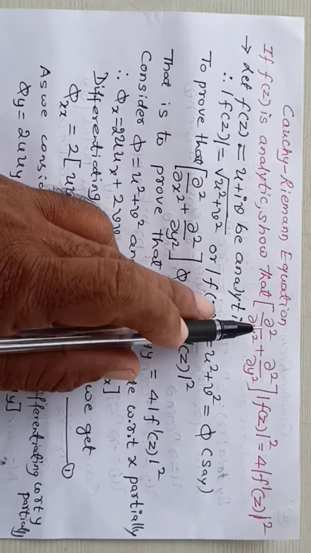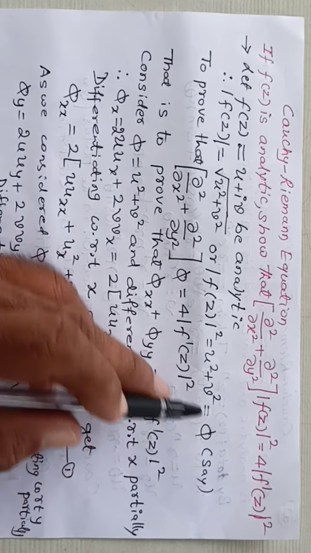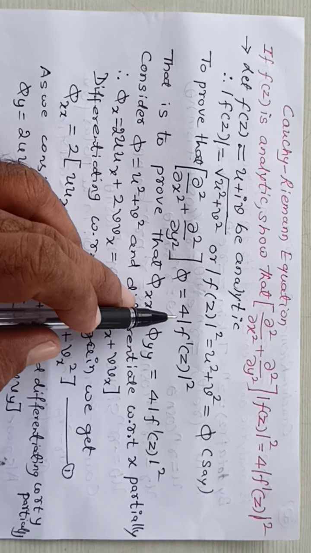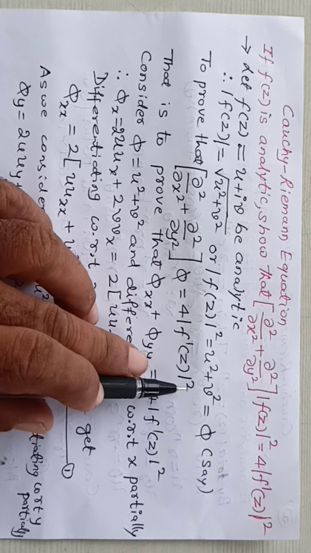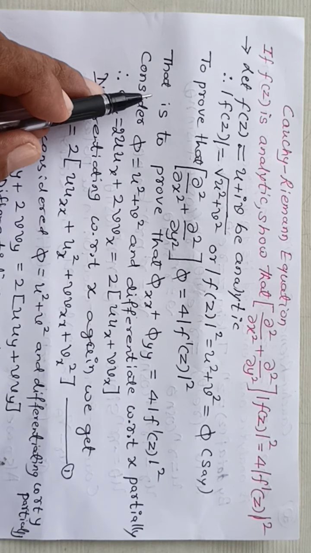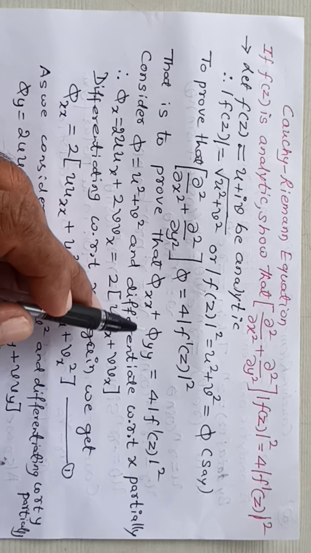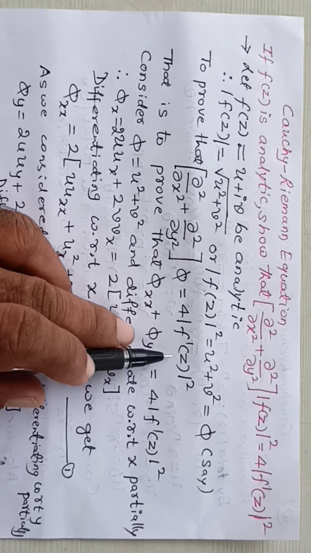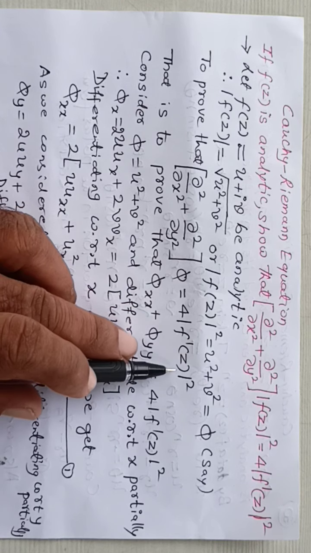Next, to prove (∂²/∂x² + ∂²/∂y²) of this is equal to 4 |f'(z)|². That is, to prove that φxx + φyy = 4 |f'(z)|².